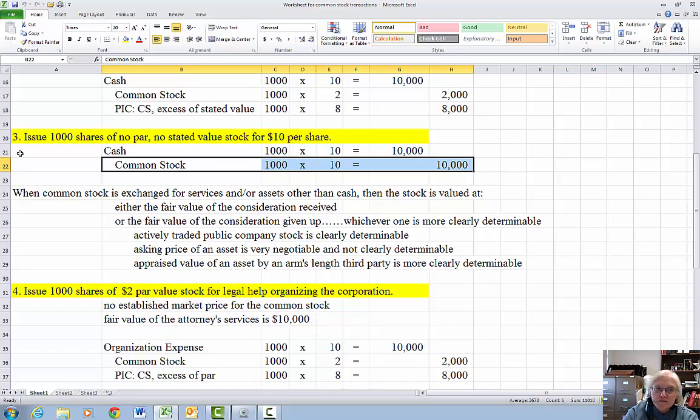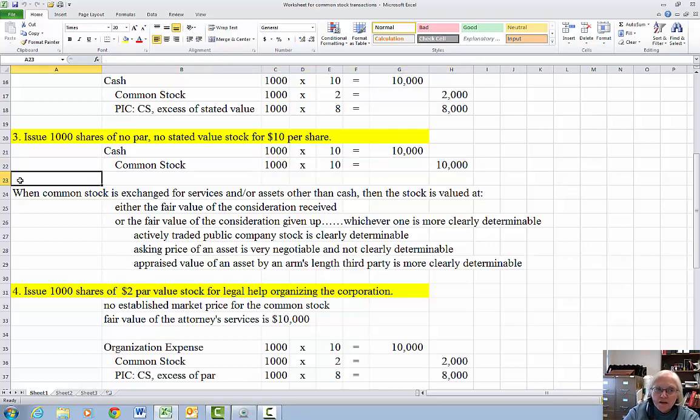Sometimes when a company starts up a brand new corporation, you don't have a lot of cash, which is why you sell the stock. But even to get organized, you can't necessarily pay for that. So you're willing to issue common stock in exchange for either services that someone will render, maybe a legal service, or an asset other than cash.